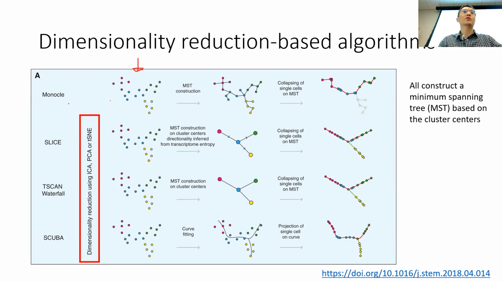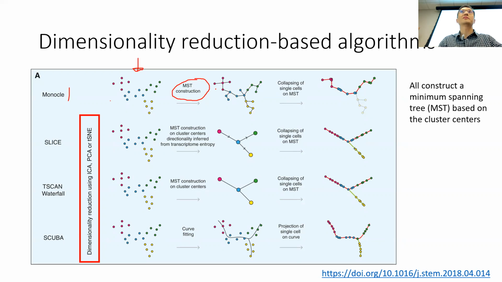For example, Monocle, remember this version 1, uses a minimum spanning tree to find the centers of the clusters, and then creates this tree structure.